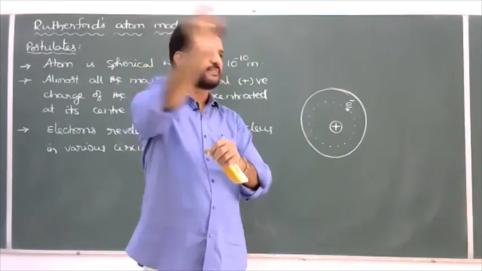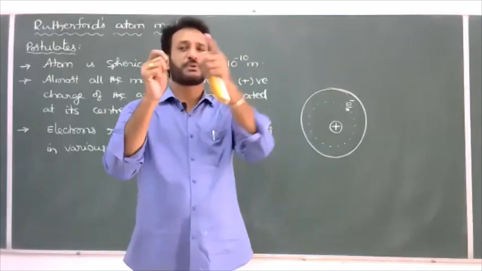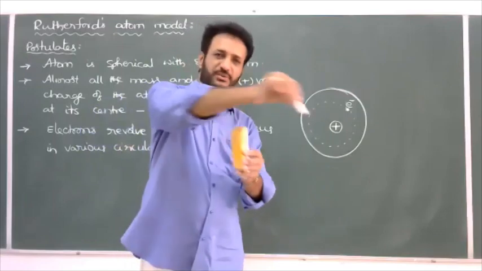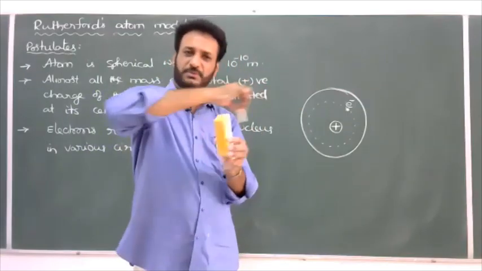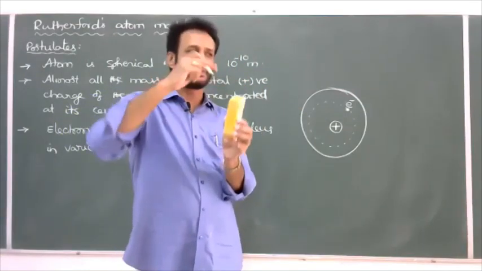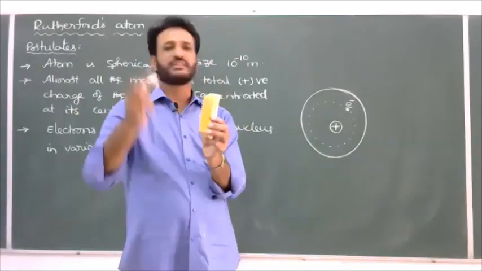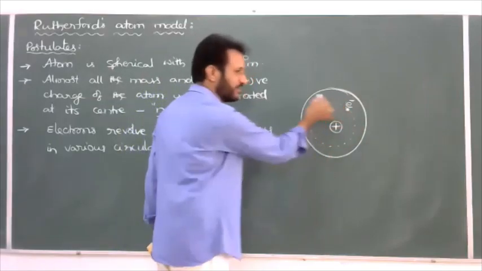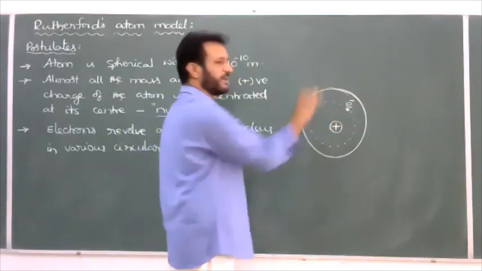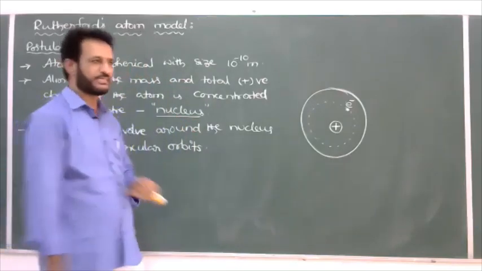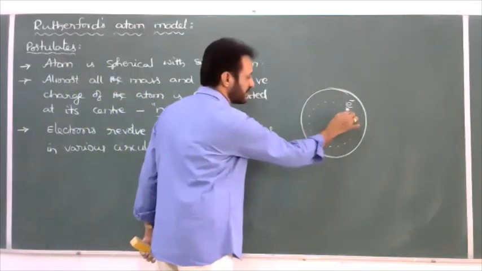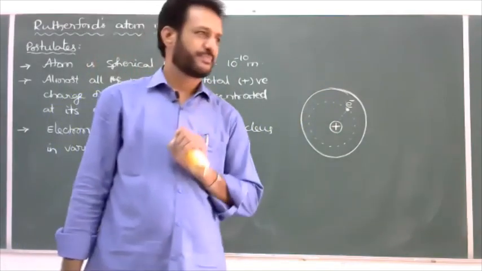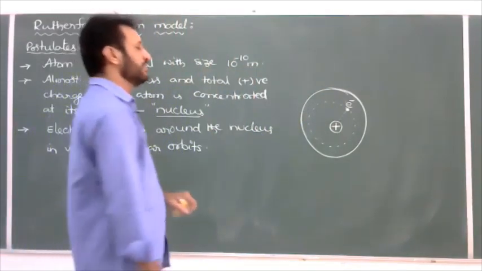In the same way, when an electron revolves around the nucleus, the necessary centripetal force is provided by the electrostatic force between the nucleus and the electron, given by the scientist Coulomb. We can discuss that in later chapters. So here we can write one point.